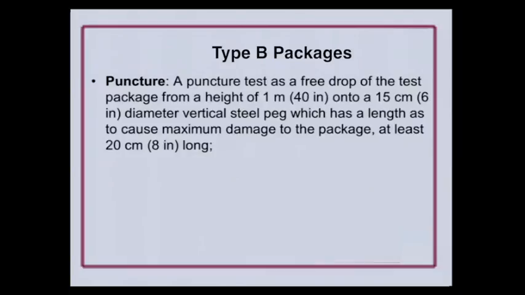Then a puncture test. It's a free drop of the test package. The package itself is lifted up to 40 inches and dropped onto a 6-inch diameter vertical steel peg. It has a length that causes maximum damage, and it must be at least 8 inches long.